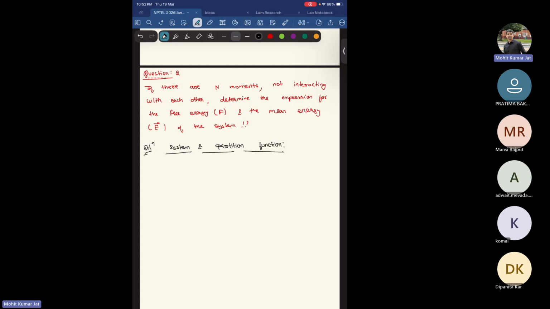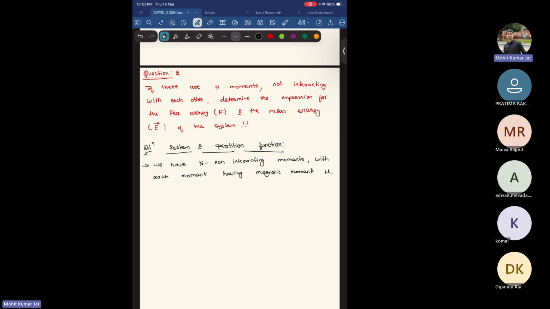In the given problem, we have n non-interacting moments, with each moment having magnetic moment mu.